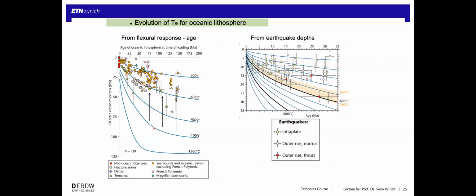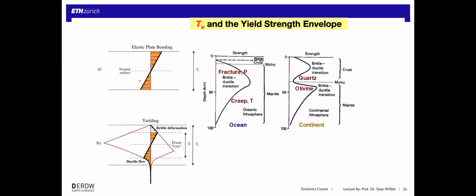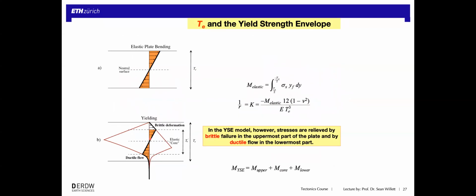We can start to predict exactly what temperatures these stresses are no longer going to be maintained at. Those are going to be relaxed and disappear. And what we're seeing here is this core of the yield stress envelope that's maintaining these bending stresses.